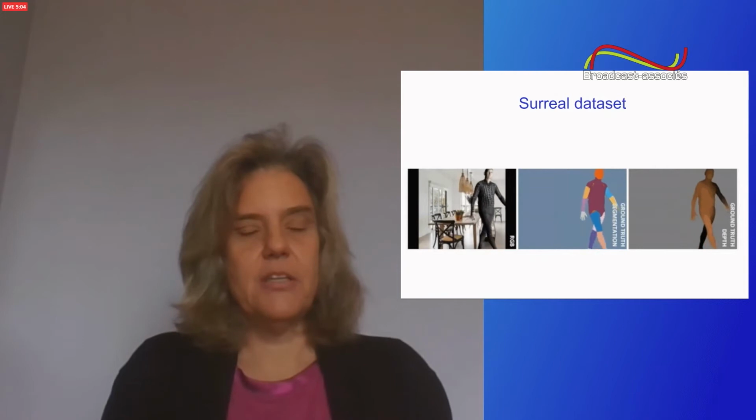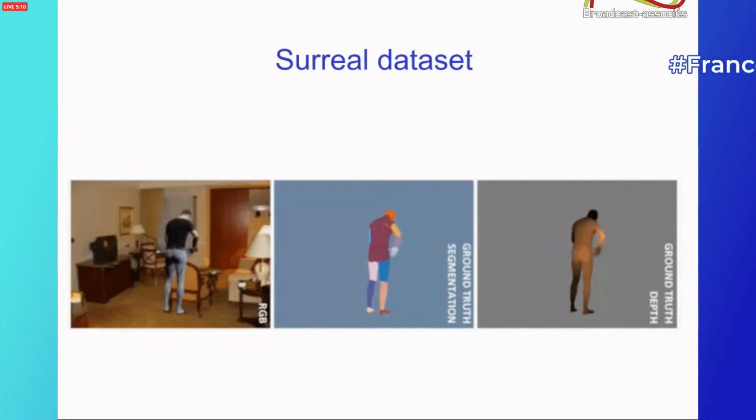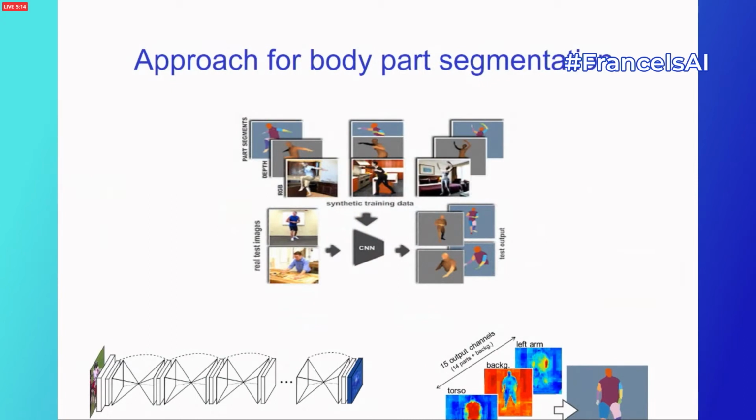On the left, the generated sequence, in the middle, the ground truth segmentation, and on the right, the ground truth depth. We can now use this data to train, for example, a CNN. We take the synthetic data as input, train the CNN, and we can then test this model on real images and predict depth and segmentation, for example, without any annotations on real images.